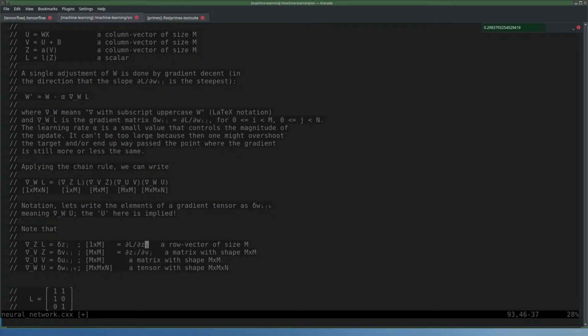On the other hand, if you just have a single index, I want to use a j here. Why? Because it's a row vector. And for any given j it's just the i of the z.